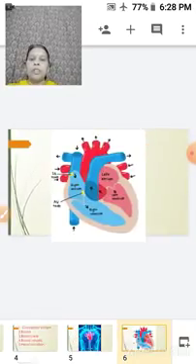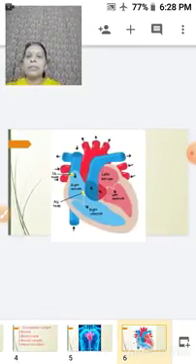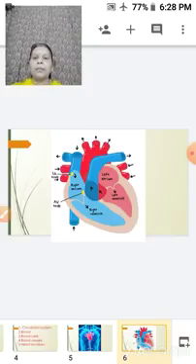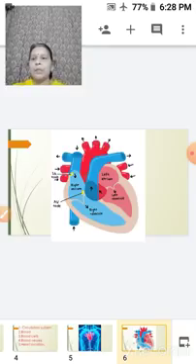Before going into it, we will just revise in short the location and the structure of the heart. The heart is located between the lungs and is well protected by the ribs. It is located centrally and is tilted towards the left.